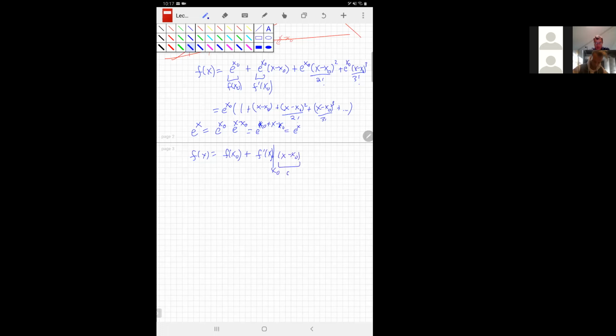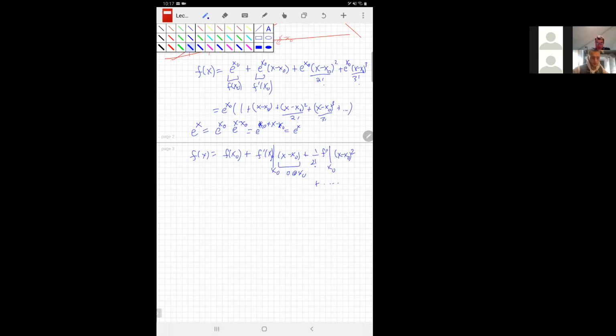I mean, this is 0 at x naught, plus 1 over 2 factorial f double prime evaluated at x naught times x minus x naught squared, and so forth. So all of these other things are 0 if we're exactly at x naught. And if we're a little bit off from x naught, we want to know how rapidly it's changing at x naught. Not somewhere else, but at x naught.